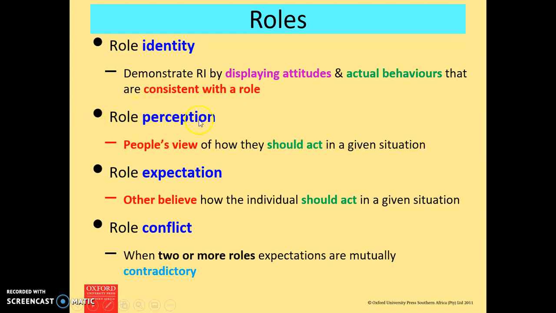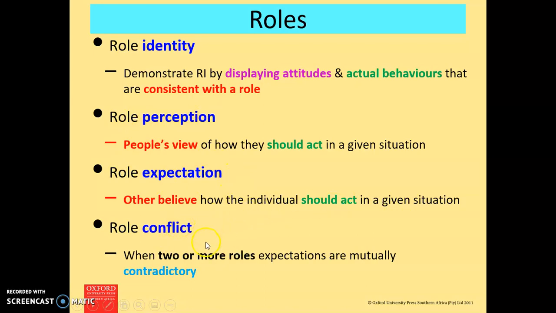So that's perceptions, how they should act in the given situations. Role expectation is based on others' belief of how the individual should act in the given situations. That's the difference between role perception and role expectations.